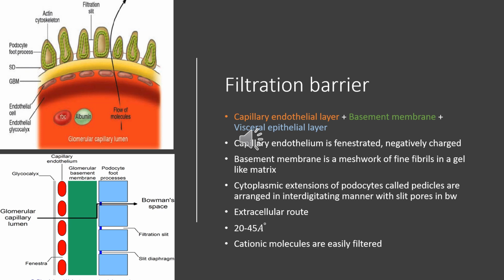We can see that the filtration through this glomerular-capsular filtration barrier occurs through the extracellular route, that is, through the pores in the capillary endothelial cell layer, basement membrane, and slit pores in the podocytes. The molecules with effective molecular radius of 20 to 45 angstrom and cationic molecules are easily filtered through this barrier.